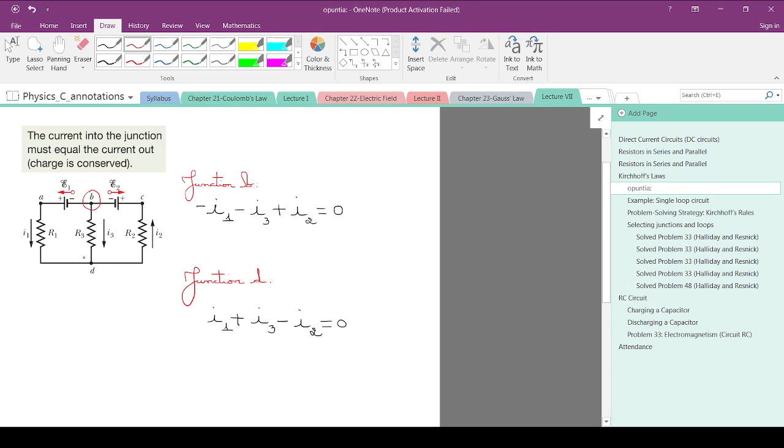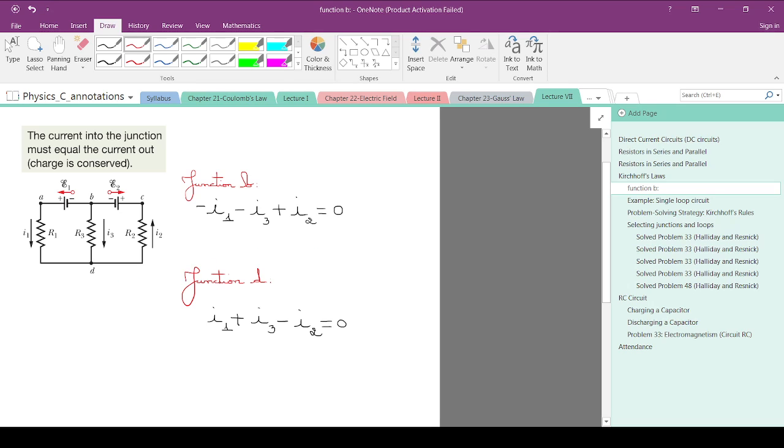Please do not choose junctions that are dependent, because the equations you find are equivalent, they are the same, they are linearly dependent, and then you cannot solve.